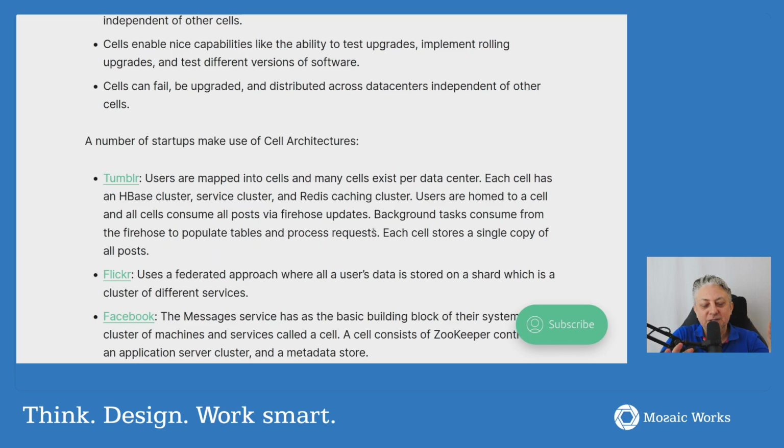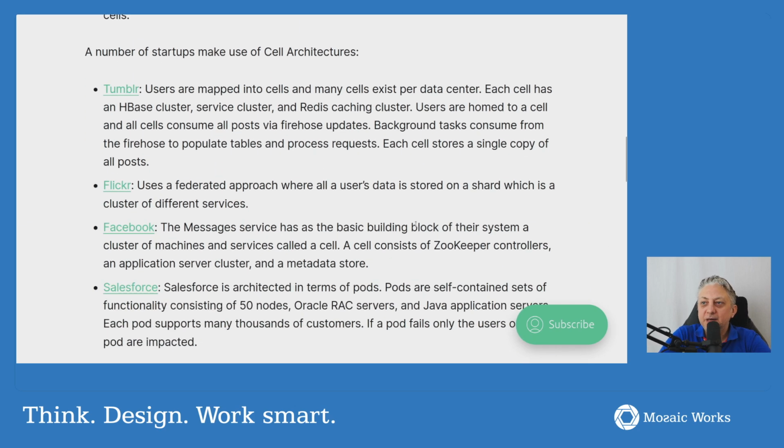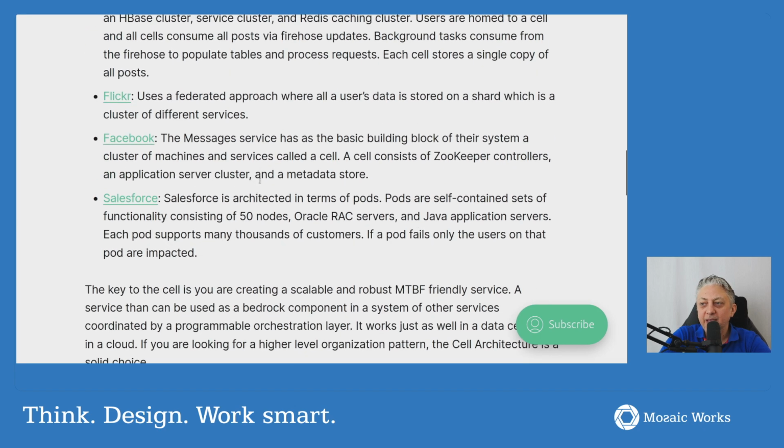But you are simplifying a little bit the development, experimentation, and recovery. So you have a few advantages there. A number of startups make use of cell architectures: Tumblr, Flickr, Facebook, and Salesforce.